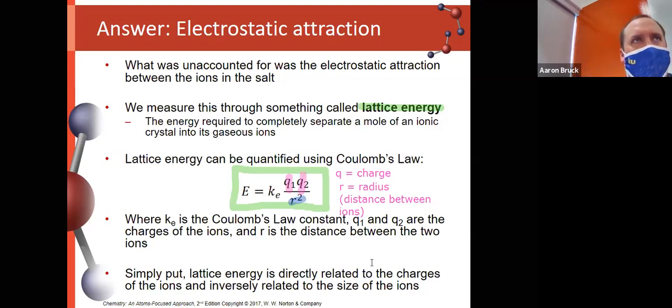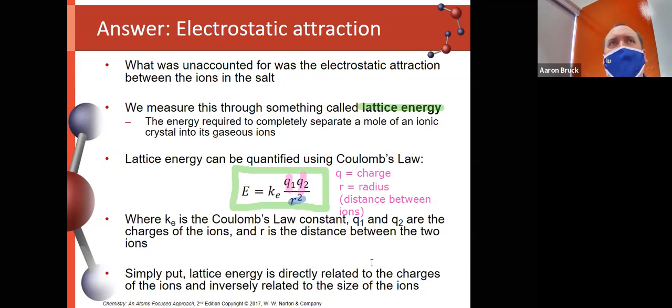Radius works in the other direction. Ions that are close to each other attract each other more. Ions that are far apart tend not to attract each other as much. Now in a crystalline structure, the ions are going to be as closely packed to each other as possible.